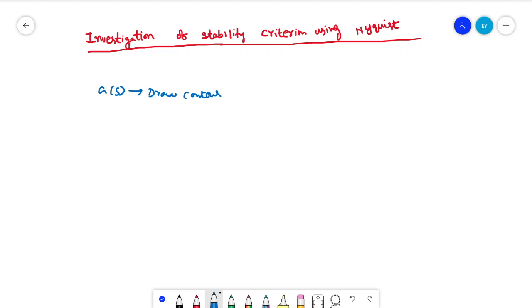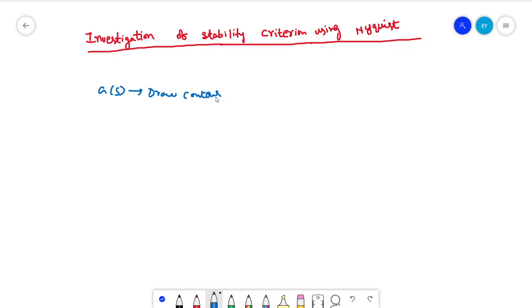Okay, so in this class we'll go through the basic things of contour, and investigation of stability. So what are the conditions that are required to tell the system is stable or not in Nyquist plot. Okay, so if you have G of s, an open loop transfer function, the first thing we do is find the contour.